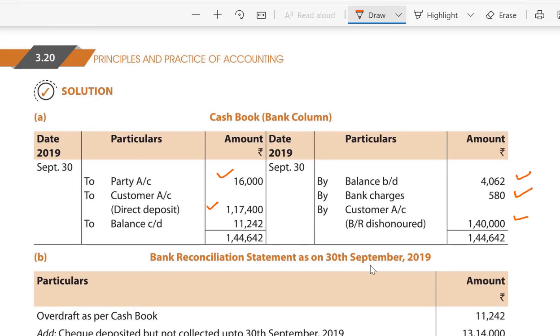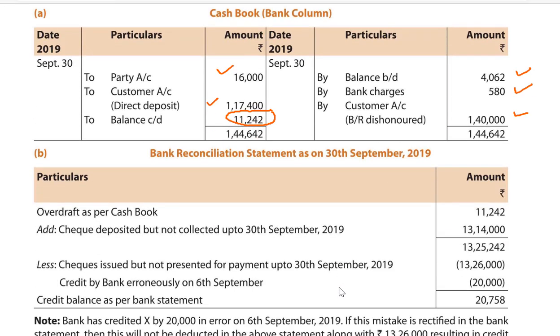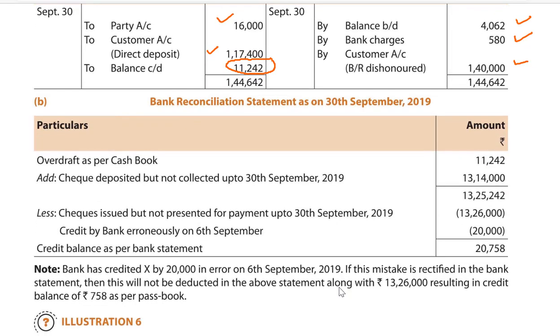So the minus total is 144,642, and the balance is a credit balance in the cash book, that is the minus balance 11,242. This is the corrected overdrawn balance, the corrected overdraft balance of the cash book. So we will begin this question from the overdraft as per cash book. That means this is a credit balance, 11,242, and we'll try to solve it now.